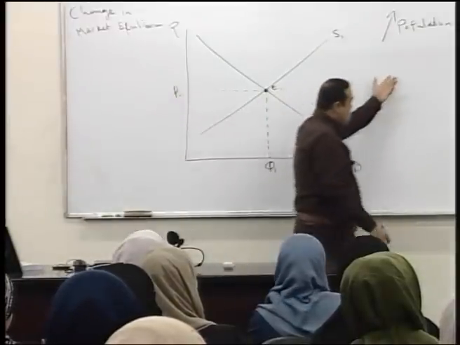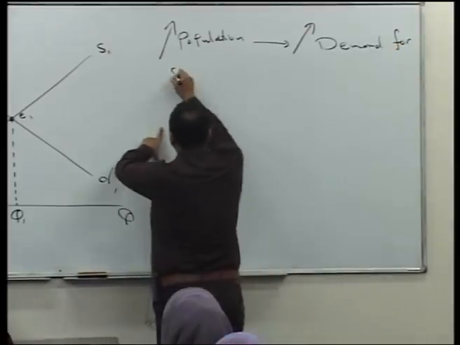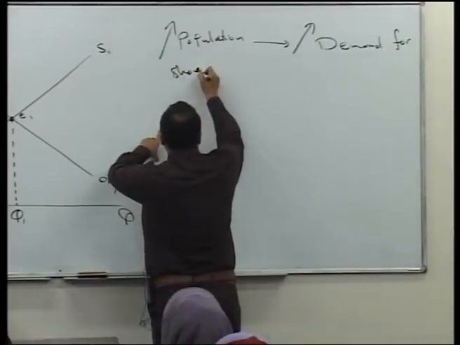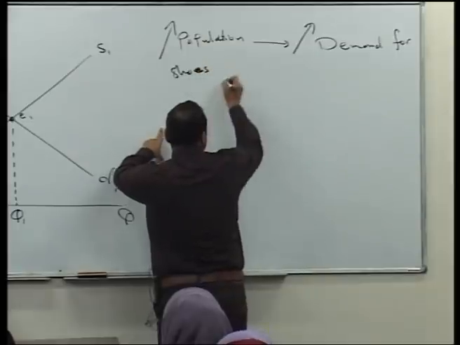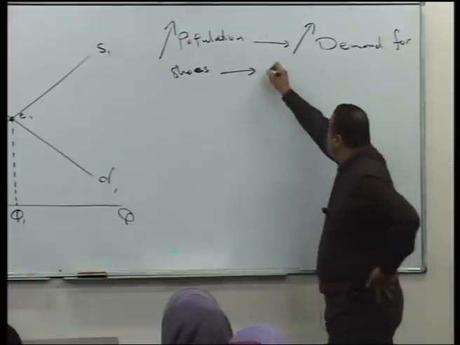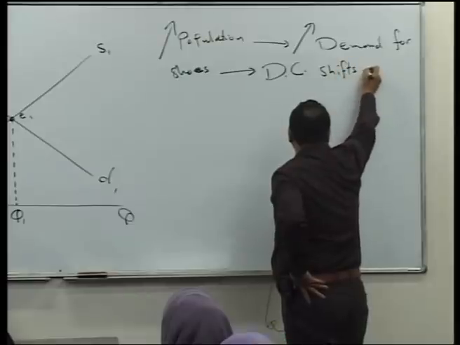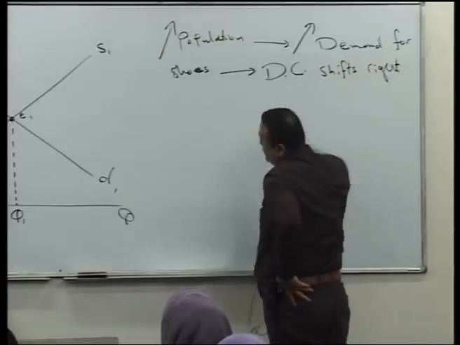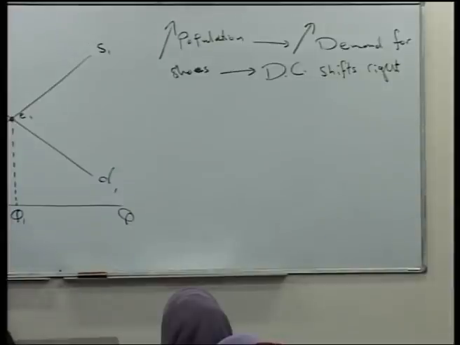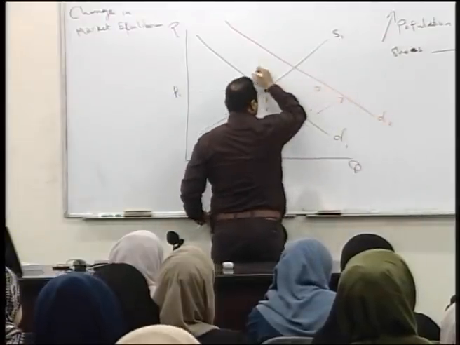The number of population increases, so the demand for shoes increases. The demand curve shifts right, to D2, parallel to the previous one.